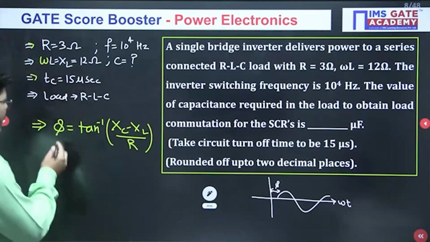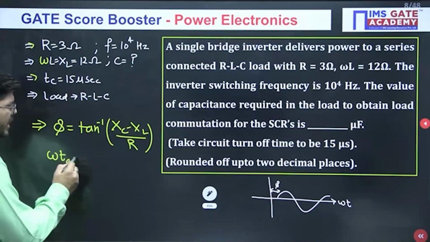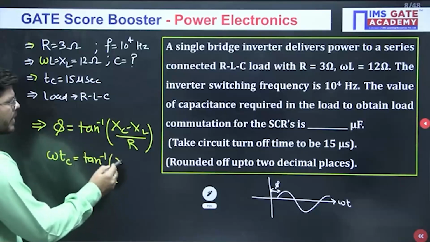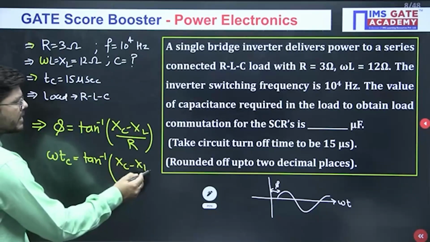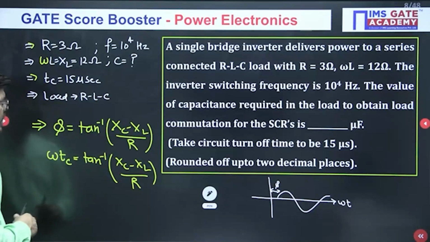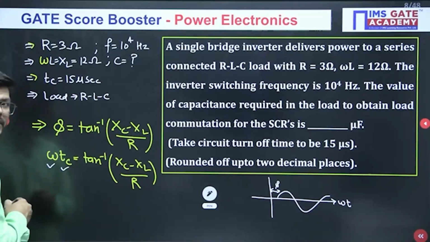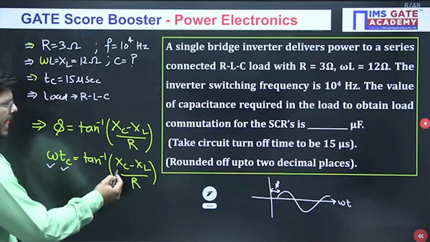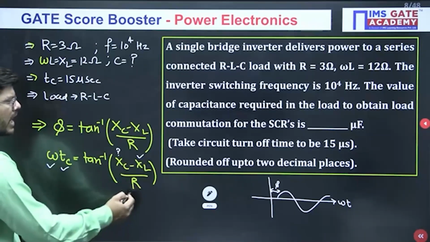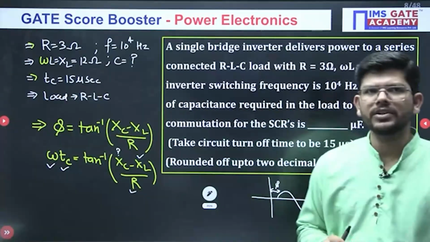So phi is basically omega times Tc, which equals tan inverse of (XC minus XL) over R. In this expression, omega is known, Tc is known, XL is known, and R is known. XC is what we have to calculate. So first of all, we have to find XC from this expression.